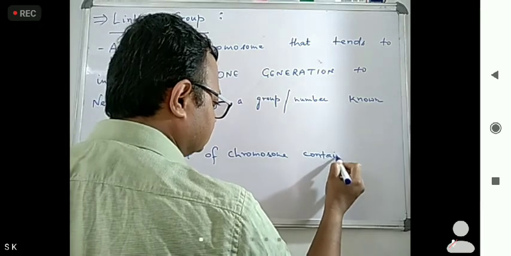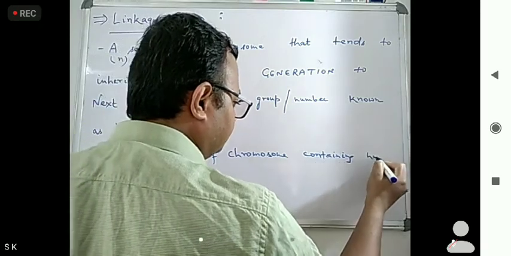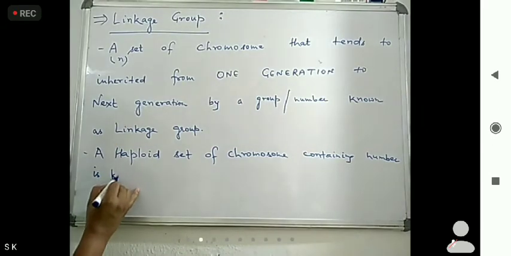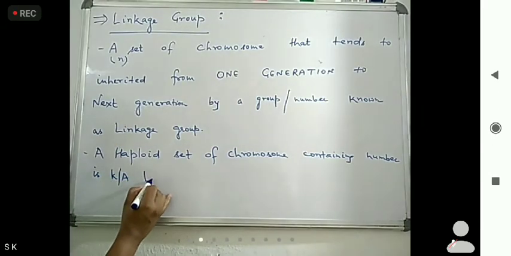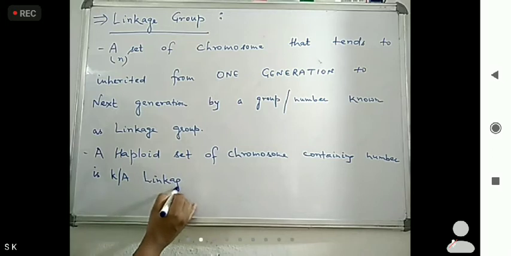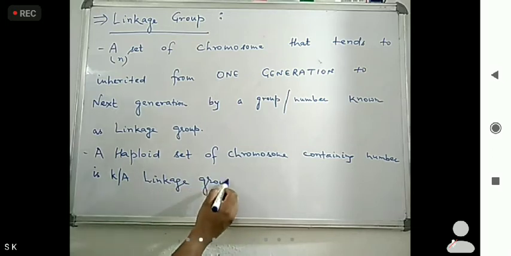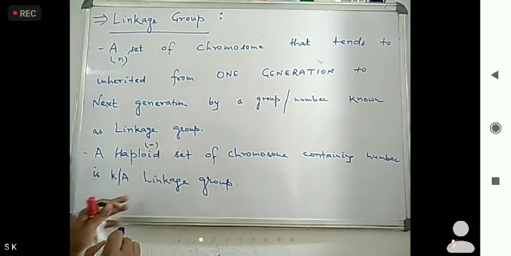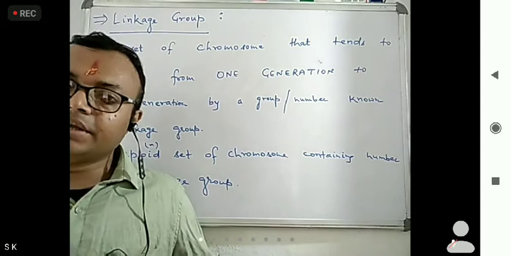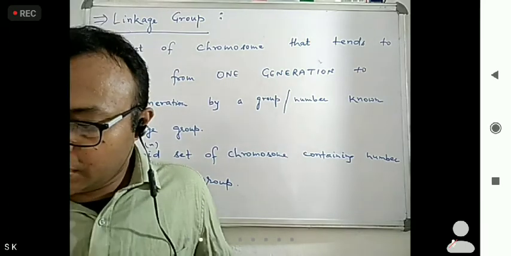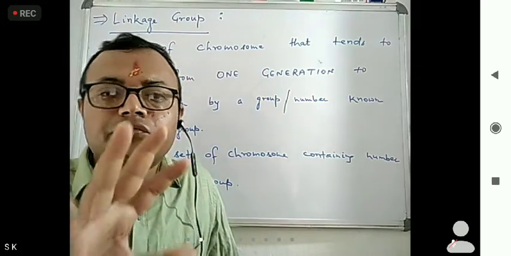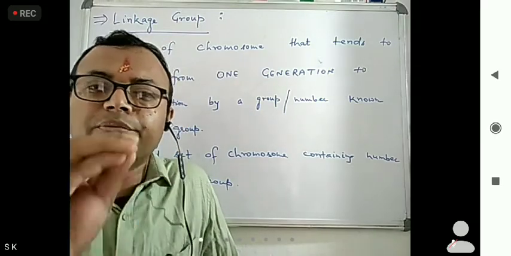Haploid set means n. Now here we will see the numbers. Four or five numbers you have to remember for your medical exam.